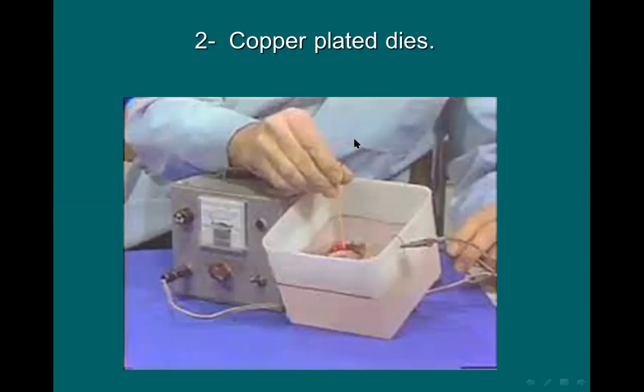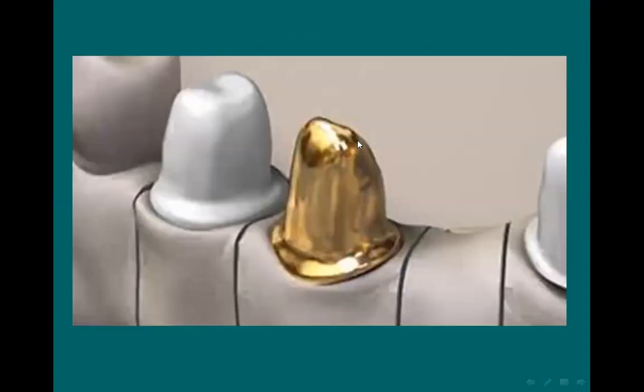Again, it is a hard material which is going to give the die good strength, and it will make it difficult to distort or to fracture the cast or the die. Even a gold material may be used to produce such a removable die.